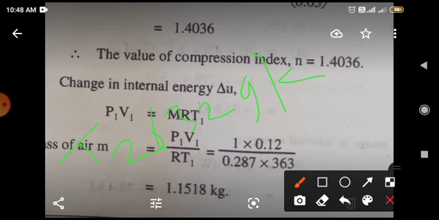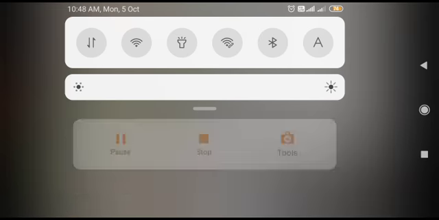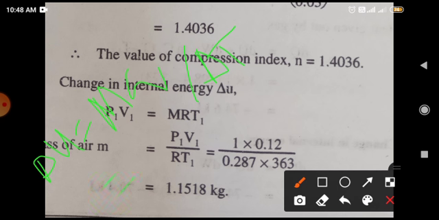Now what about change in internal energy? You got T2 and you have T1, so delta T was not there earlier, so we were unable to calculate the change in internal energy. Now we have delta T, so we can calculate it. Delta U, the change in internal energy, equals m Cv delta T. The mass we have calculated was 1.15.